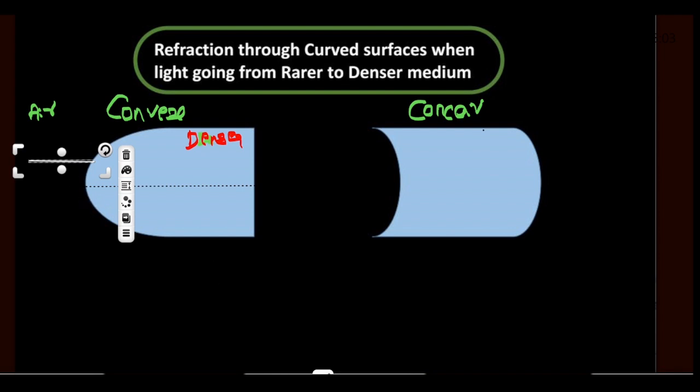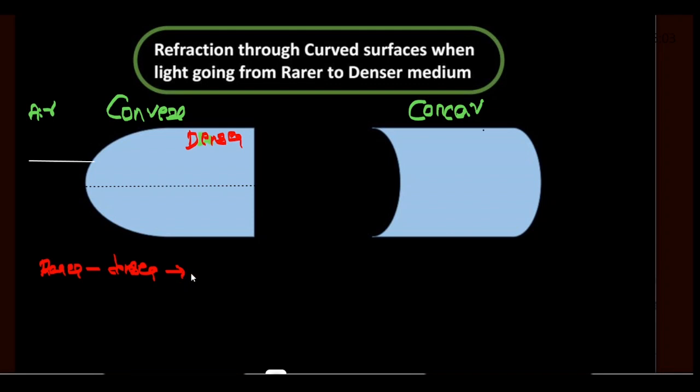What happens when it meets this convex surface? The light ray refracts, right? But how does it refract? It is coming from air medium, that means rarer to denser. When light comes from rarer to denser, the refracted ray has two cases: it bends towards the normal or away from the normal.